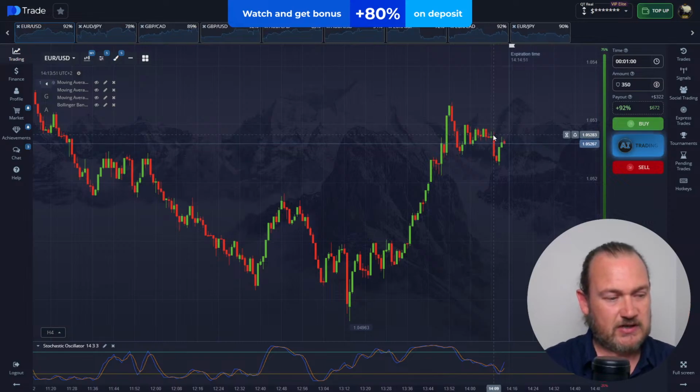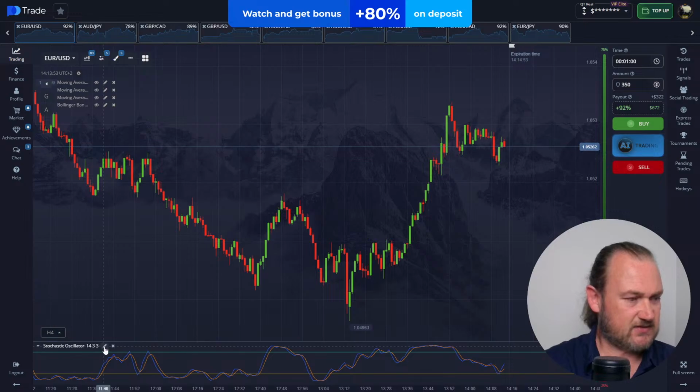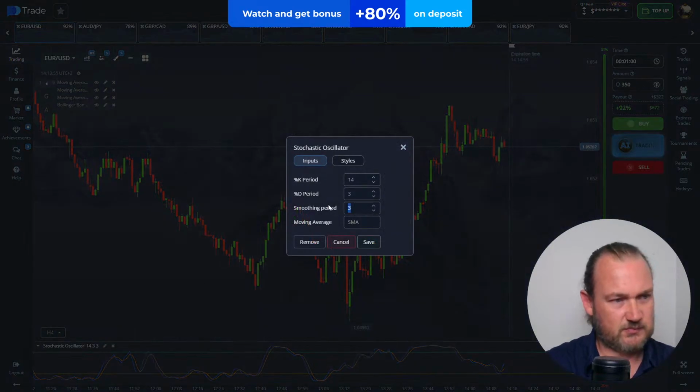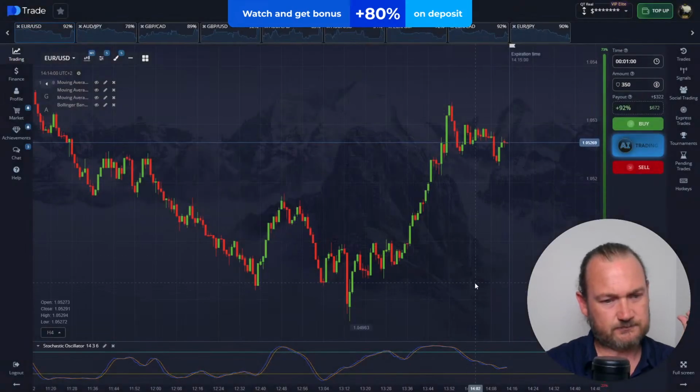A second way that people tend to use the stochastic oscillator, and I think I should make this just a little bit smoother, just to get a better idea.